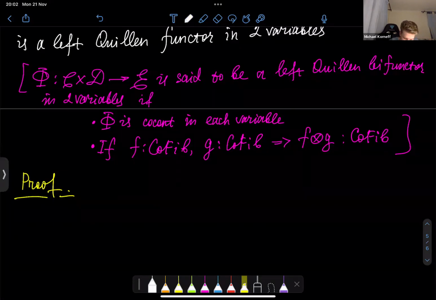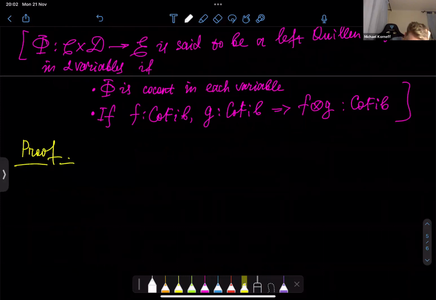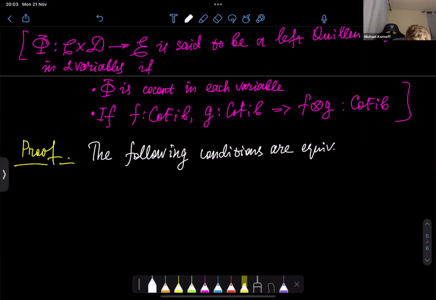Firstly, the following conditions are equivalent.